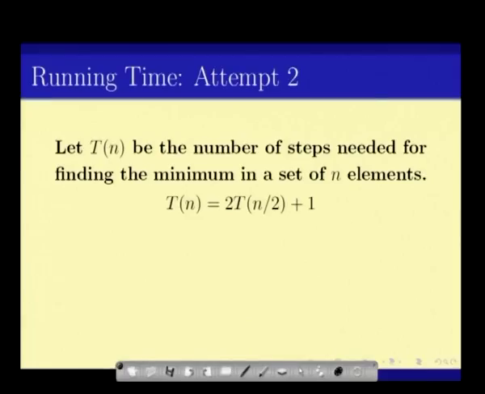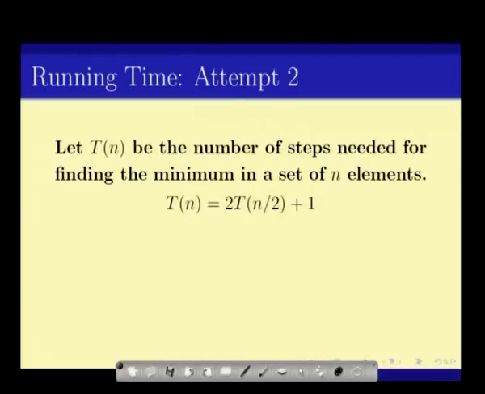For example, here note that if T(n) is the number of steps required to find the minimum in a set of n inputs, what did we do? We split it up into two sets of size n over 2. For each of these sets, finding the minimum would have taken T(n/2), because that is what we have assumed by the definition of T(n).